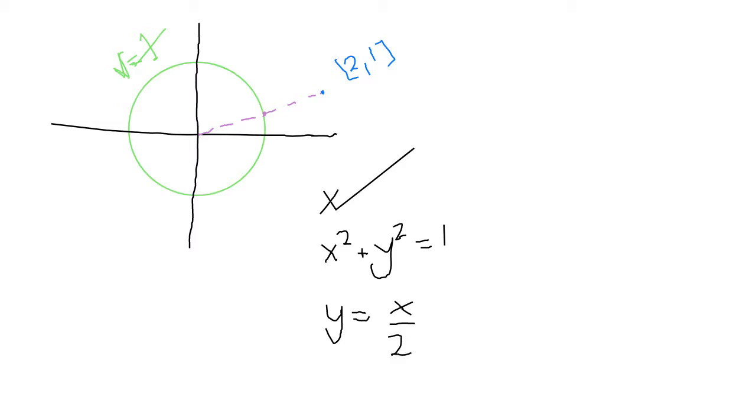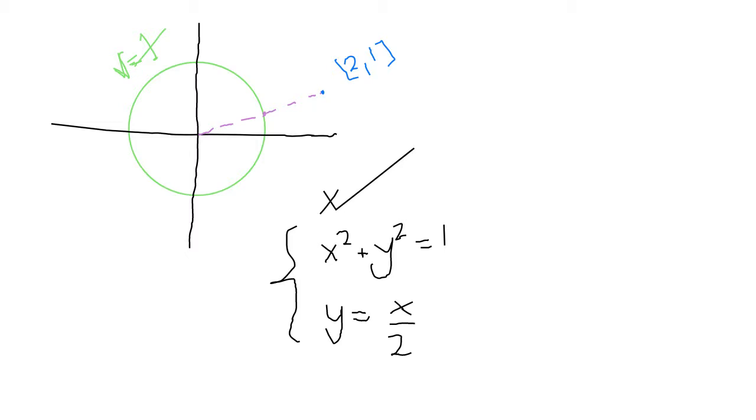So I have a system: two variables and two equations, so I should be able to solve and get x and y. I put y equal to x over 2 here, so it is x² over 4.